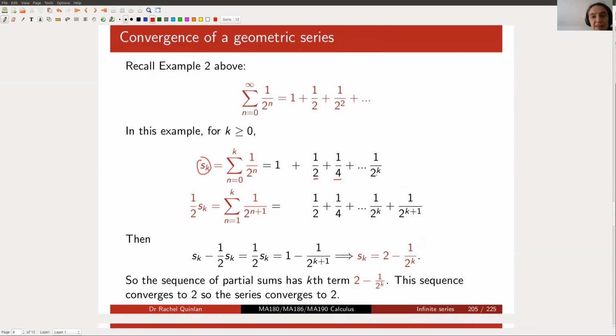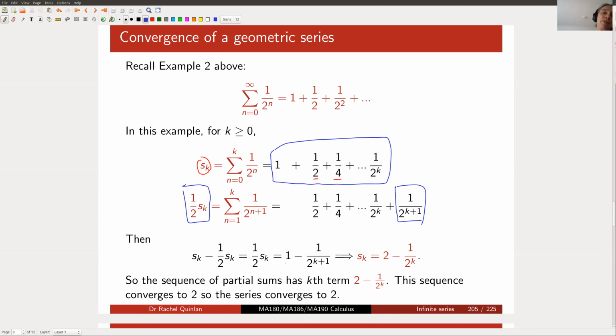If we take the same expression sk and multiply it by a half, you observe that you get most of the same terms appearing, except that you lose the 1 because it gets multiplied by a half. You get a half plus a quarter plus an eighth and so on, plus 1 over 2 to the k, plus that one multiplied by a half, which is 1 over 2 to the k plus 1. So basically, you lose the 1 and you add on an extra term at the end if you multiply the whole thing by 1/2.